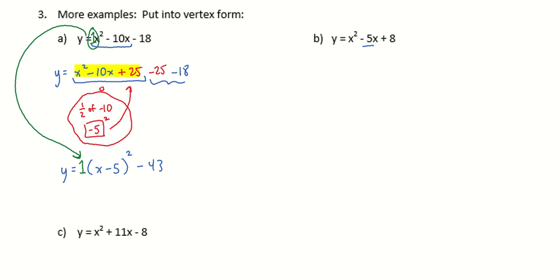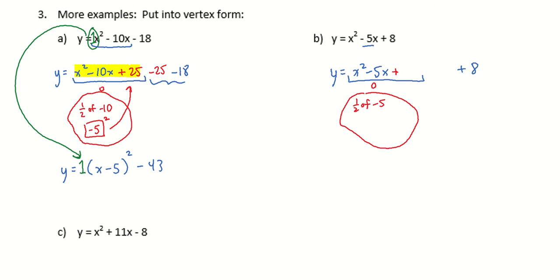All right, let's take a look at b. So y is equal to x squared minus 5x, scoot the 8 over into there. Then I know it's going to be plus some number. What number is that going to be? Once again, I'm looking for a perfect square trinomial there. So how do I find that number? I take half of the middle coefficient.